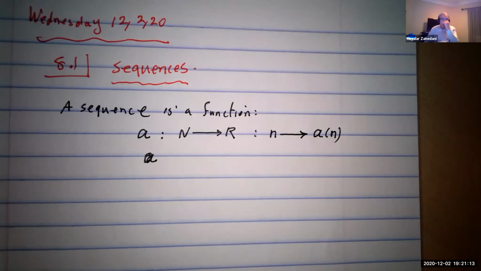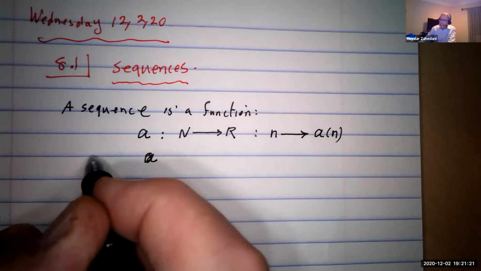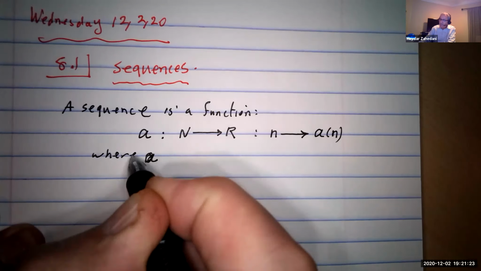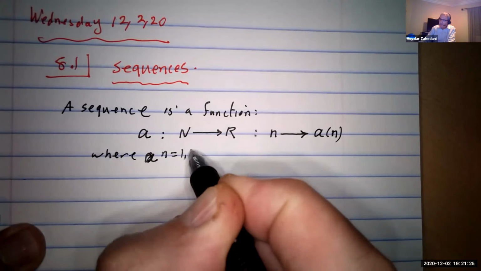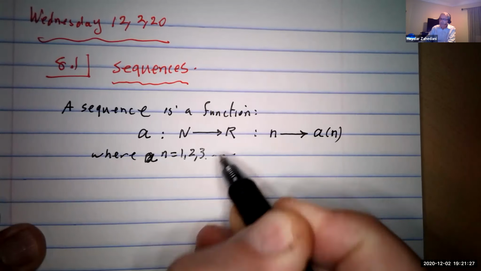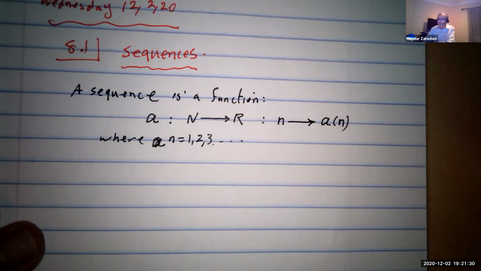It's like x and f of x, but we don't use x, we just use n for the counting numbers, where n is equal to 1, 2, 3, etc. That's the notation.